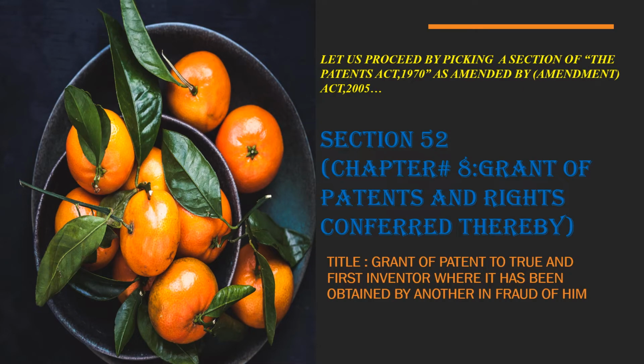Let us proceed by picking a section of the Patents Act 1970 as amended by Amendment Act 2005. Today's section is section 52 and this comes from chapter 8, that is grant of patents and rights conferred thereby. Okay, and here we can see that the title of section 52 is grant of patent to true and first inventor where it has been obtained by another in fraud of him.